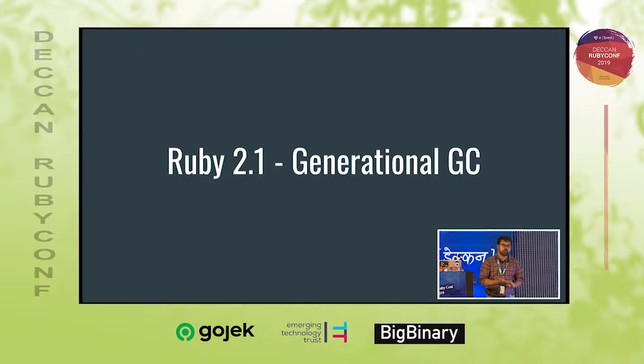And so Ruby 2.1 came with the generational GC, wherein the garbage collection started to happen in 2 generations. All the objects that are there in the Ruby heap were marked as the older generation and the newer generation. The idea was that objects die young, meaning that of whichever objects are created, most likely they will die within 3 generations of the GC running.